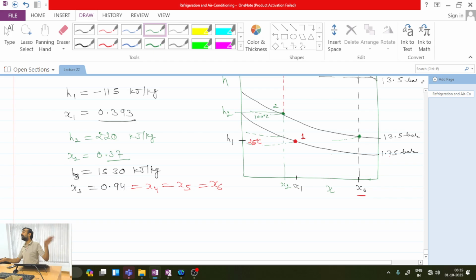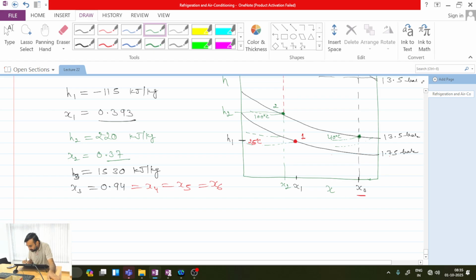But the third data, why is it given? Because in case of a practical condenser, it may so happen that instead of saturated liquid state at the exit, I am having a subcooled state. So when I will be having a subcooled state, temperature will be say close to 30 degrees Celsius. If I draw the 40 degrees Celsius line, of course that will be going something like this.